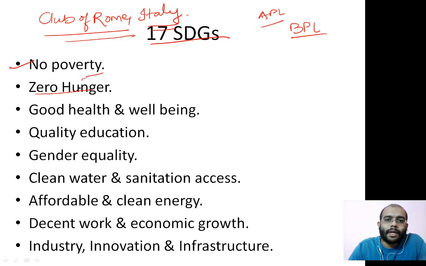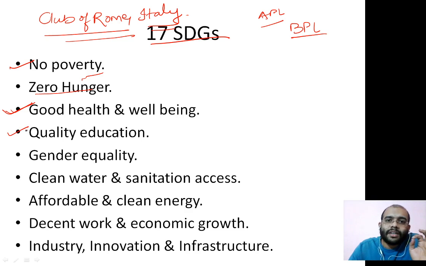Good health and well-being. Amid the COVID pandemic, everyone got to know the value of well-being, the value of human health. So being healthy is the third sustainable development goal.